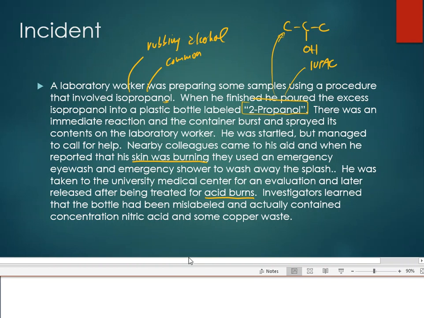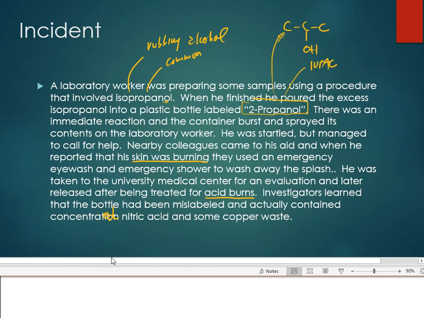Investigators learned that the bottle had been mislabeled and actually contained concentrated nitric acid and some copper waste.